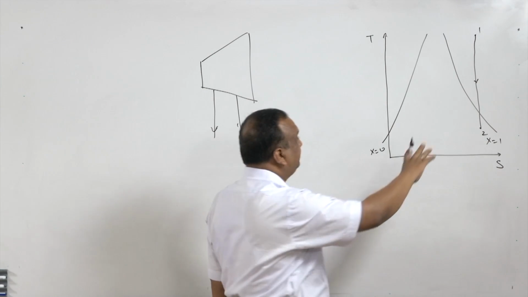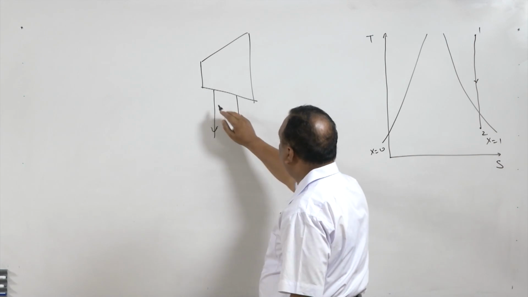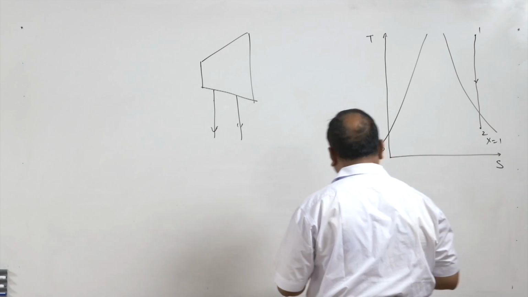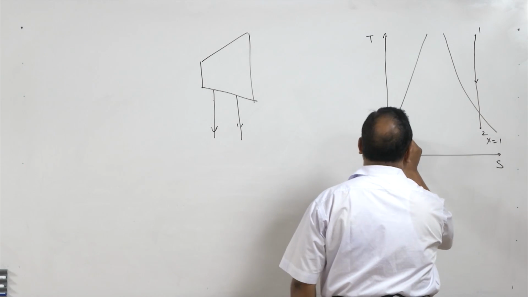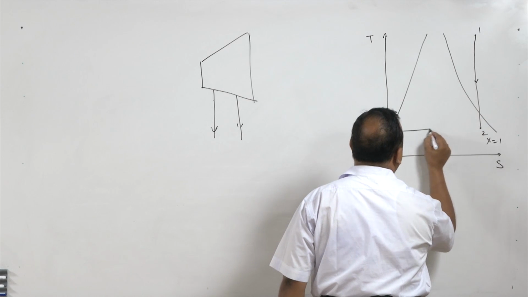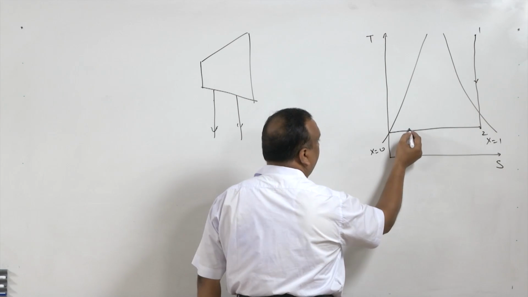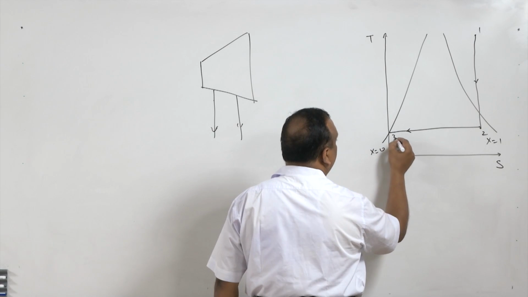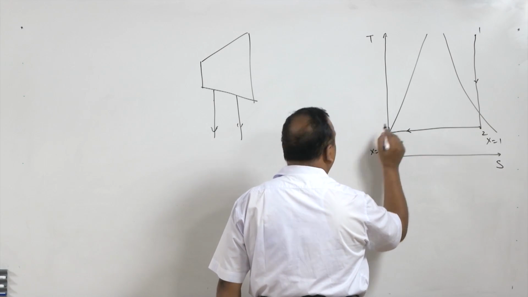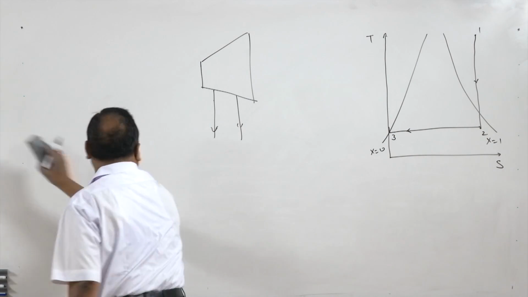During the expansion process, the steam is tapped at two locations, and after the expansion, it goes to the condenser, where complete condensation of steam takes place. This is vapor power cycle, and then compression. I will shift this line, otherwise it will create confusion.